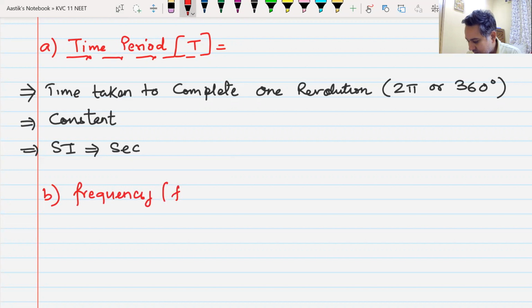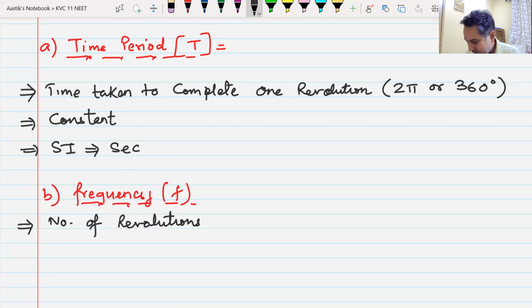Frequency is denoted by the letter F. What do you mean by frequency? You must have heard about these terms. It is the number of revolutions in 1 second.